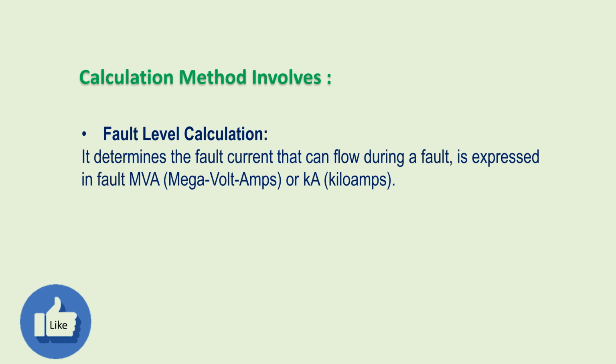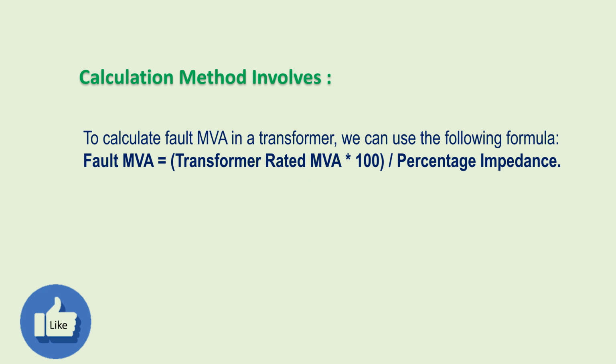Example: to calculate fault MVA in a transformer, we can use the following formula. Fault MVA is equal to transformer rated MVA into 100 by percentage impedance.